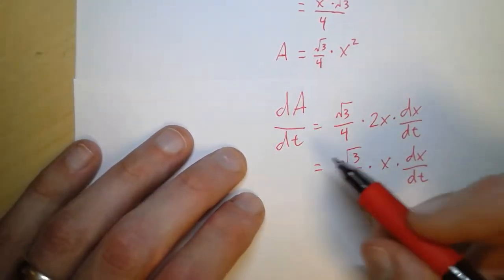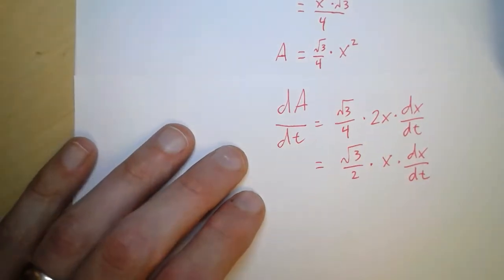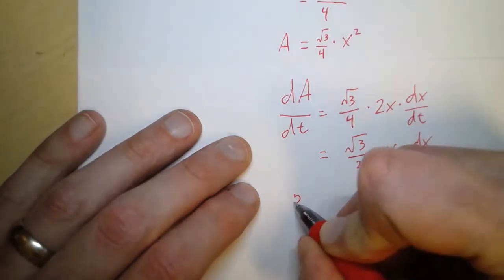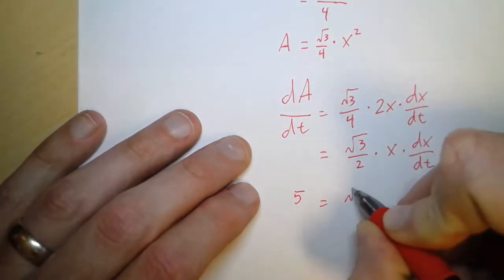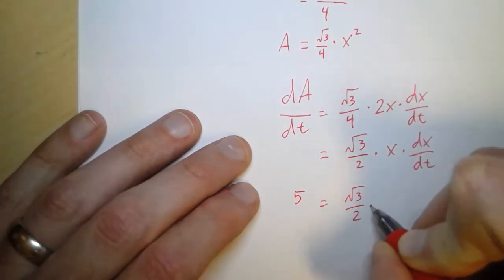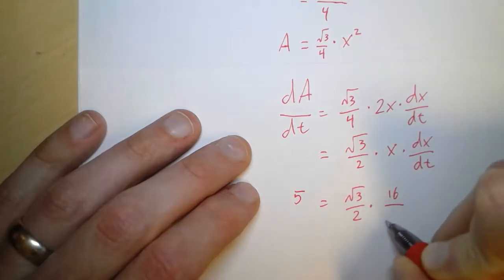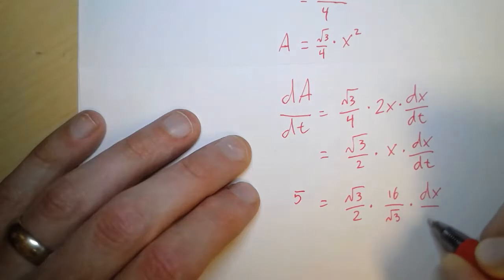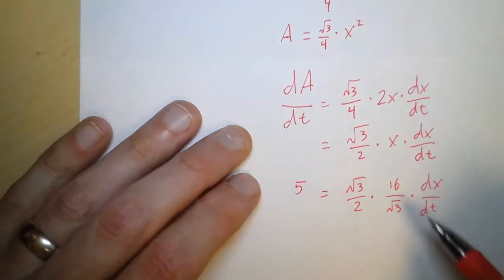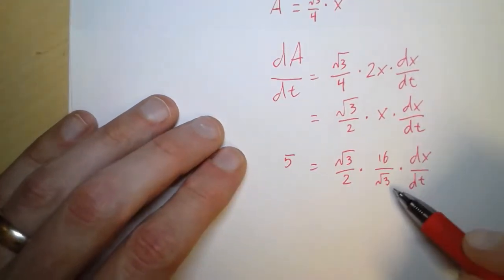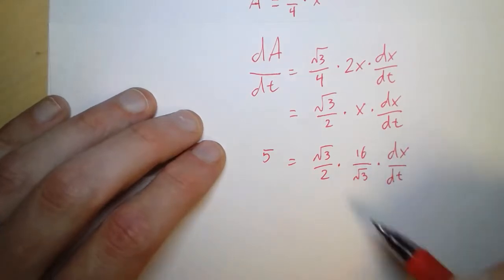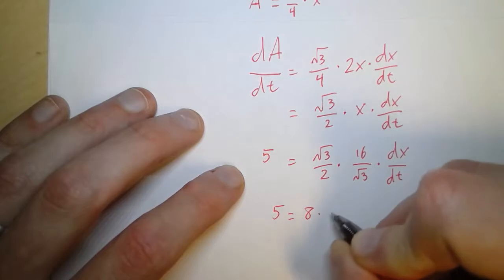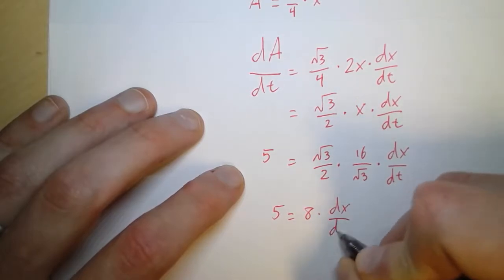Now we know what the rate is. The area is growing at the rate of 5 millimeters squared per minute. So we put 5 in for dA/dt. We put 16 over square root of 3 in for x, and dx/dt is what we're solving for. Now the square root of 3's cancel, and we have 16 over 2, which simplifies to just 8 times dx/dt.